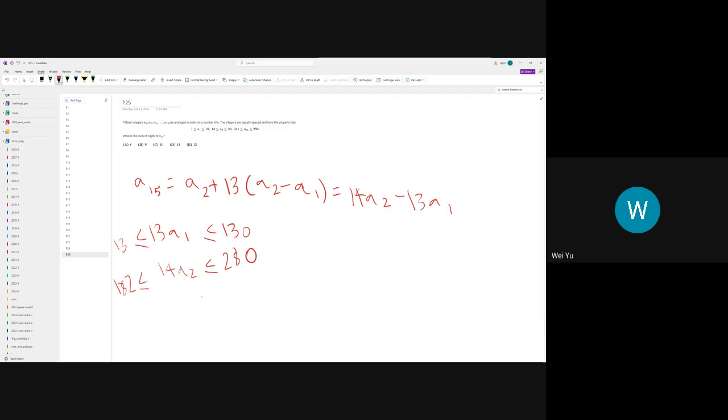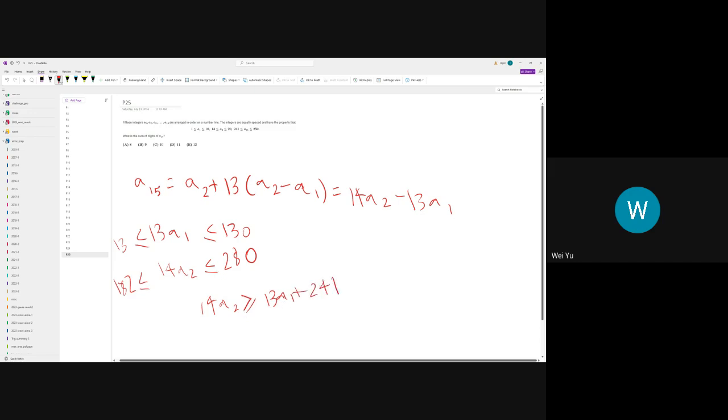So that means that 14A2 is greater than or equal to 13A1 plus 241.